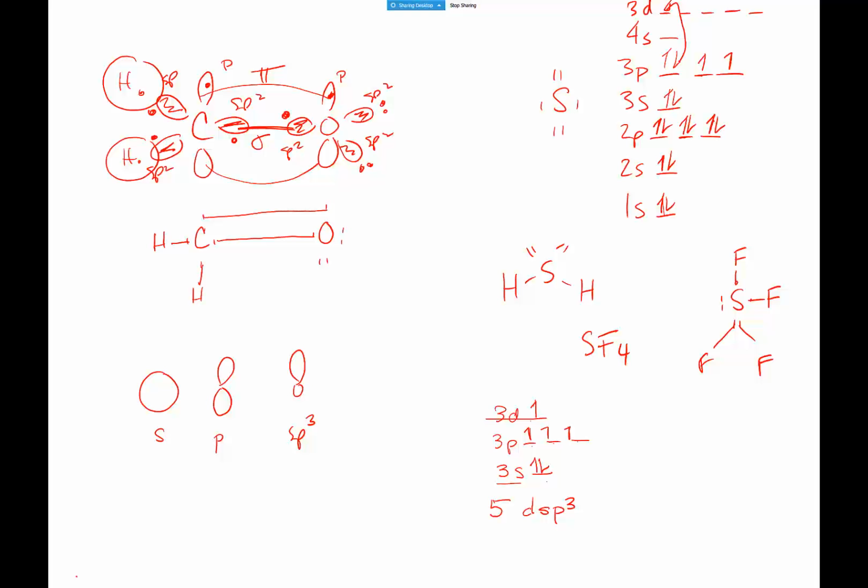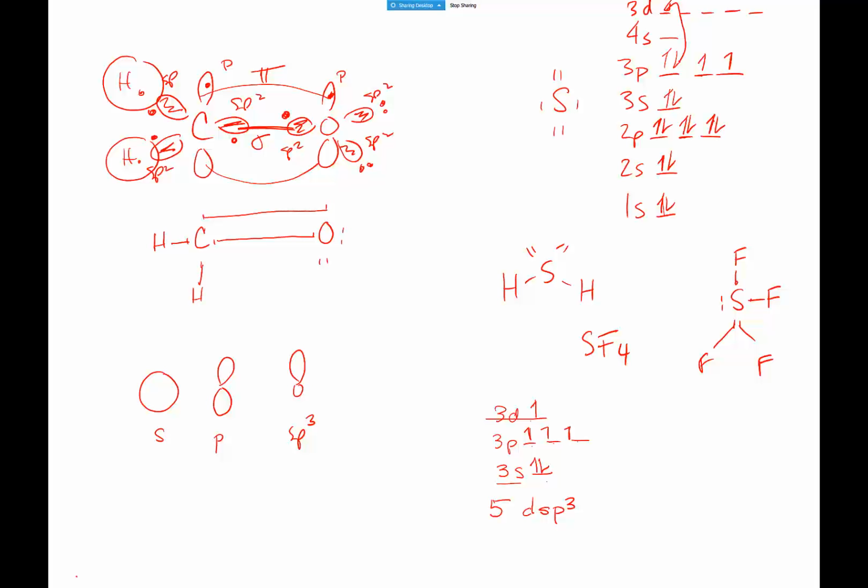So we're right. What's the geometry for dsp3? What's the geometry of having 5 clouds around an atom? Trigonal bipyramidal. You can't talk about VSEPR theory really without hybridization.